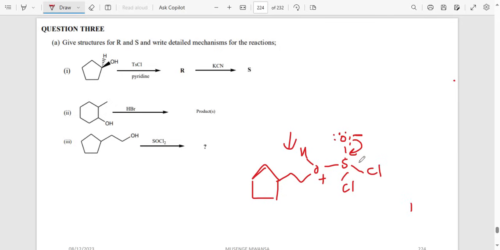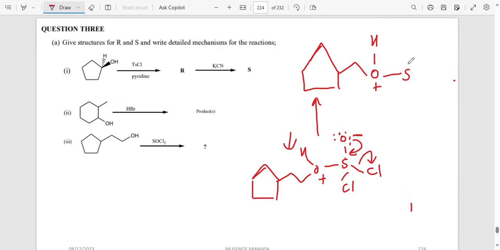When the double bond comes back, what is going to happen is that one chlorine is going to leave. Let me write it on top. Don't forget that this one has got a hydrogen there. This is positive, sulfur, and then I've left out one bond there.